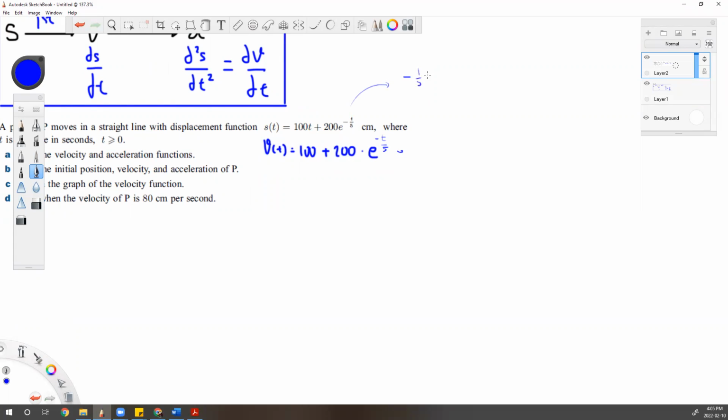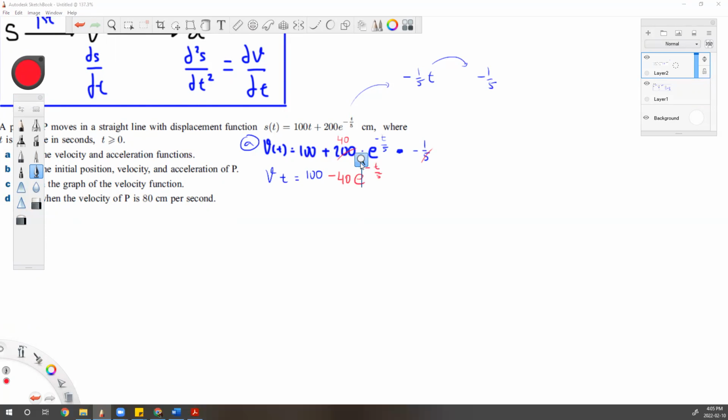I think that's better for you to understand how to derive this. e to the power negative t over 5 itself, right? So times negative 1 over 5. So make it simple. v(t) equals, that's for question A, yeah? 100 minus 200 over 5, which is 40, and put the negative in front, minus 40 e to the power negative t over 5.